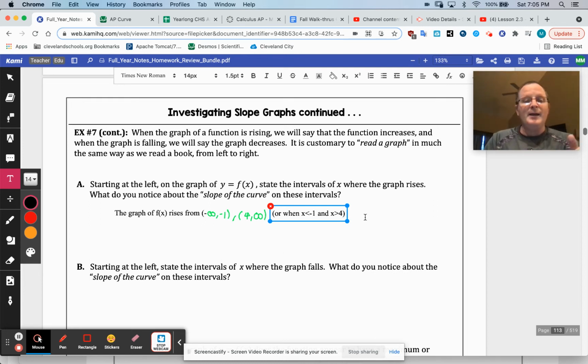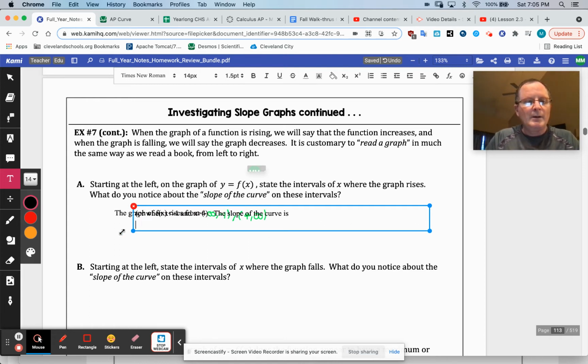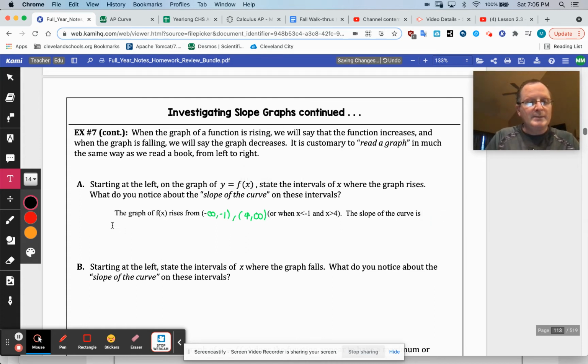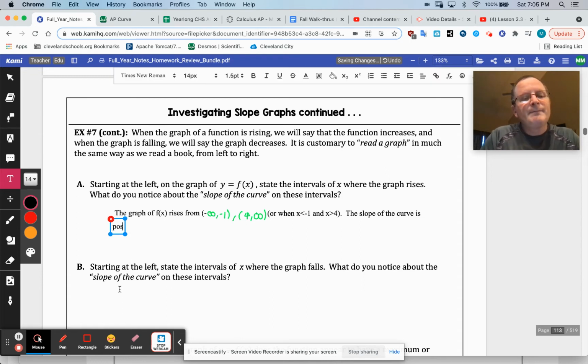Now it says, what do you notice about the slopes of the curves on these intervals? Well, we talked about it, but we could do better than that. The slope of the curve is positive on these intervals.